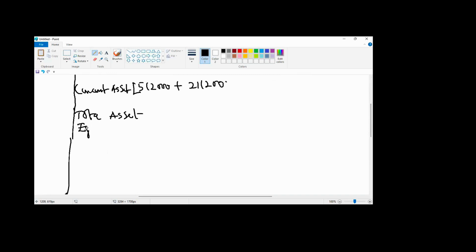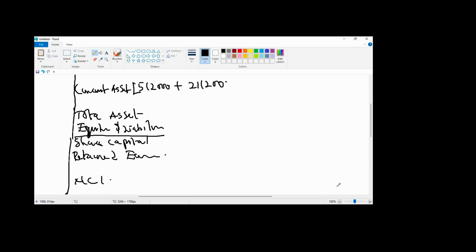Equity shares, share capital, retained earnings. Please, after the equity, always leave a line space before the NCI.